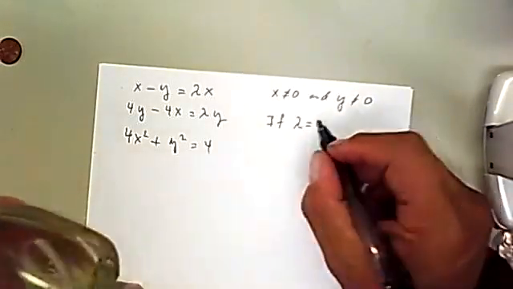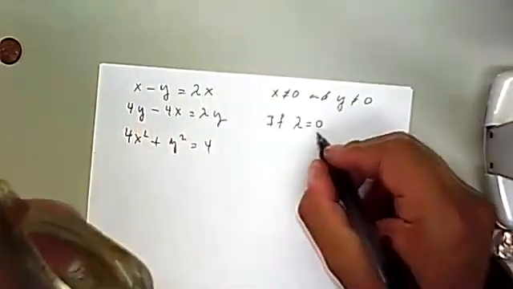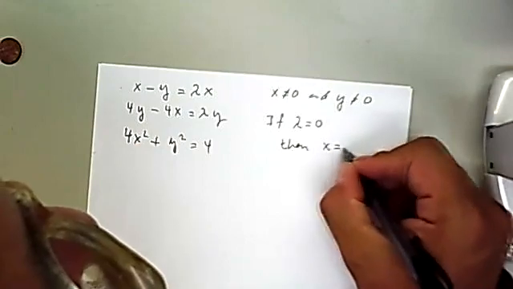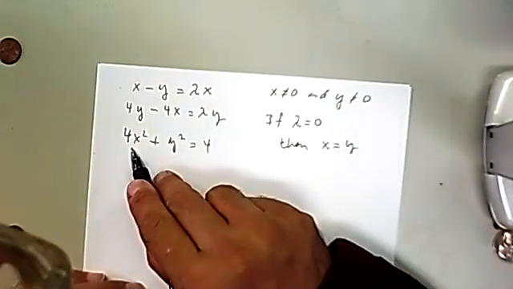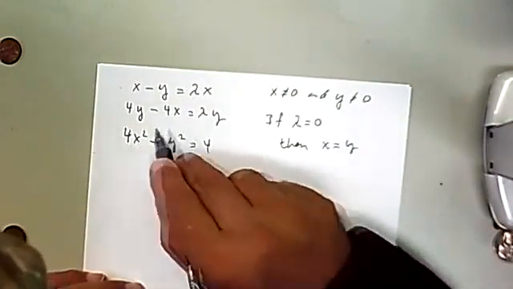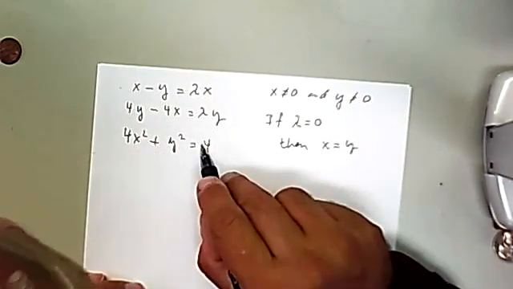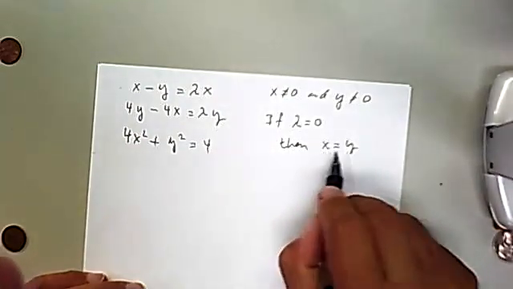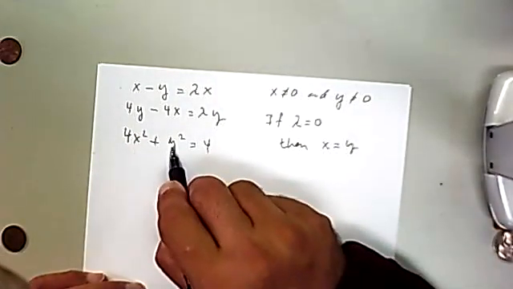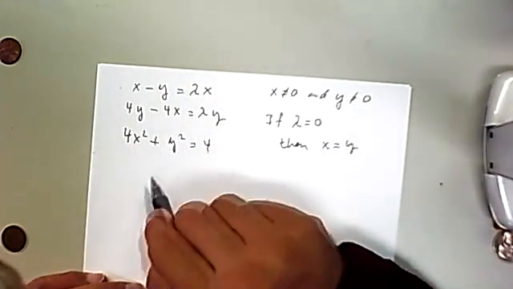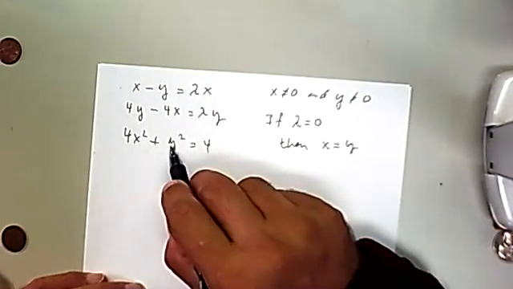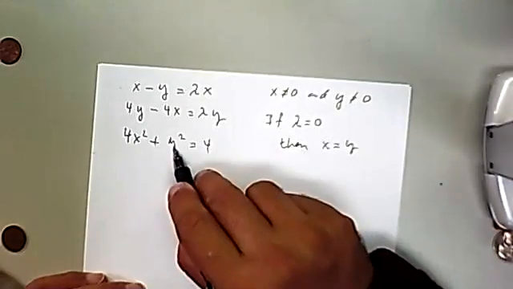If lambda is equal to 0, that means that x is equal to y. So let's move on here. Then x is equal to y, and that means we can solve this equation for x. Because if x is equal to y, we can rewrite this as x squared. So we have 4x squared plus x squared, assuming they are equal, equals 4.